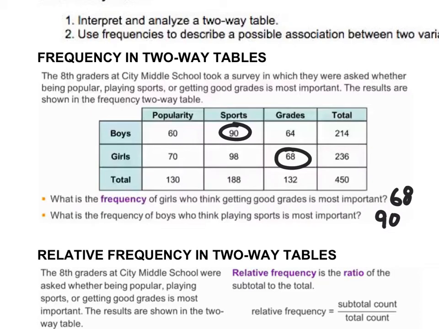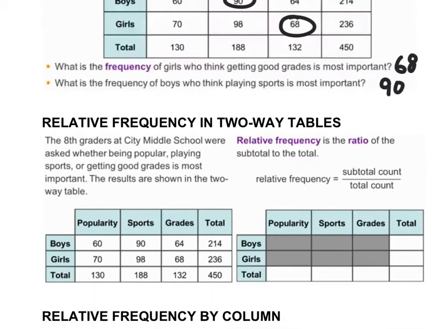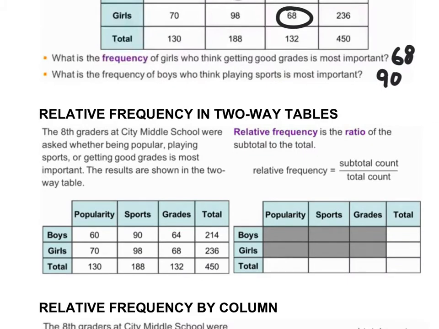Now the next part is a little bit different. It wants to know what is the relative frequency, okay? So relative frequency is the ratio of the subtotal to the total. We have our two-way table, but what we're going to do is determine the relative frequency for the two-way table.